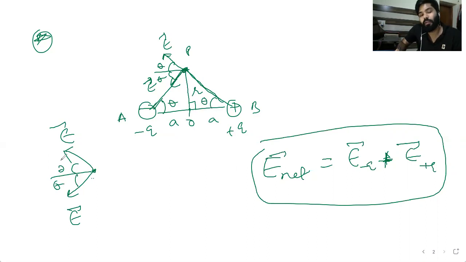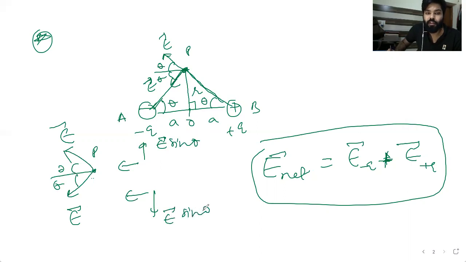I am solving the electric field at point P by resolving these two vectors. I can resolve this vector in the upward direction and the leftward direction. Similarly, I can resolve this vector in the downward direction and the leftward direction. The upward component comes out to be E sin theta, and the downward component is also E sin theta. They will cancel out each other because one is upward and one is downward.